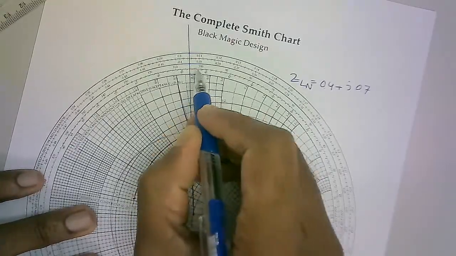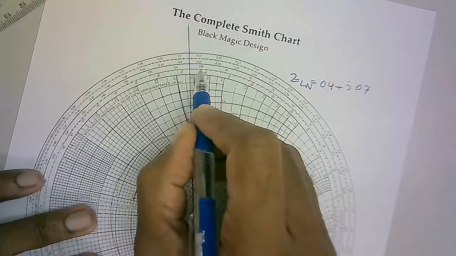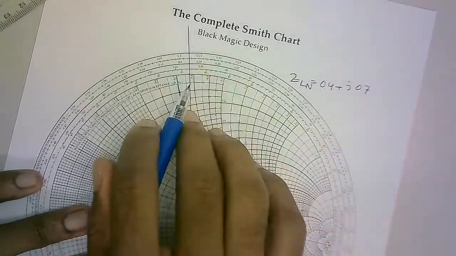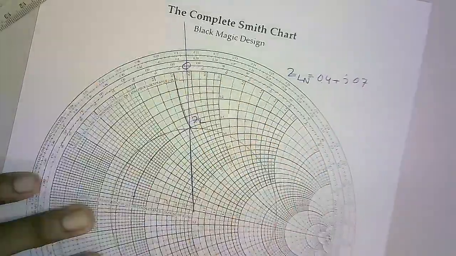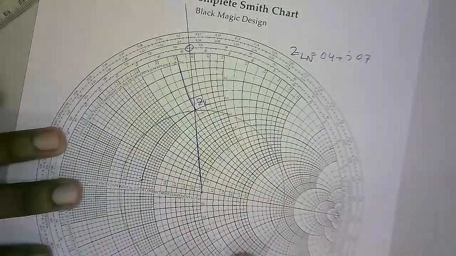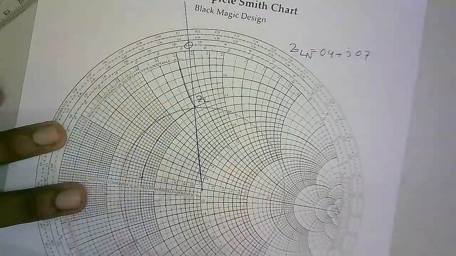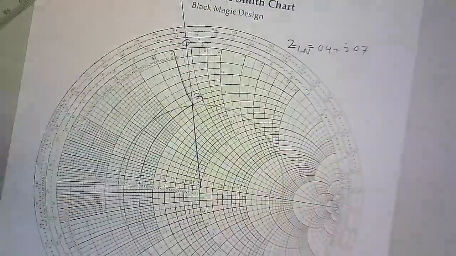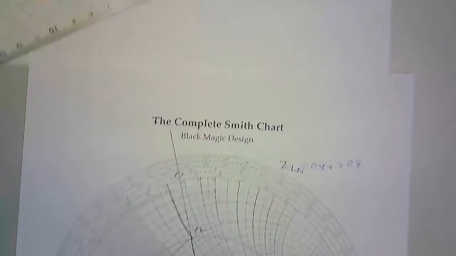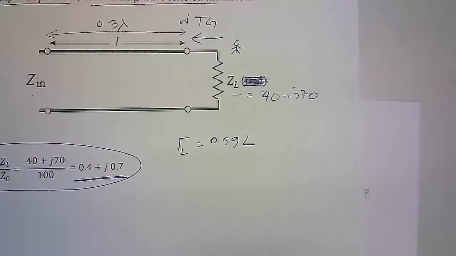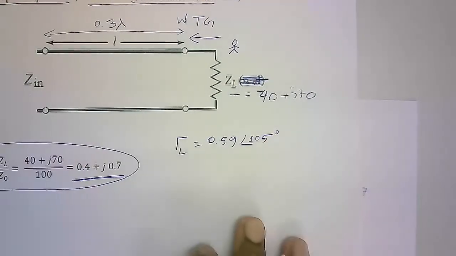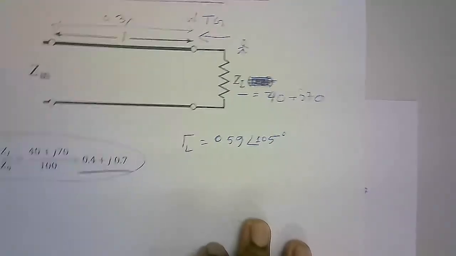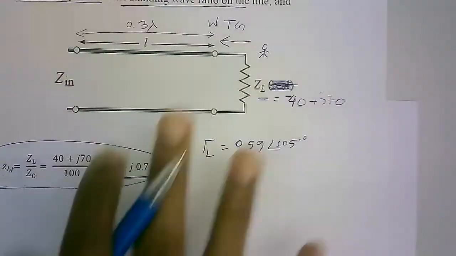This is around 105, I suppose. Remember one thing, it may not be accurate, but it can be a very, very close approximation. So this is 100 and, let's say, 105. So we put it here, 105 degree. Our first one is done.